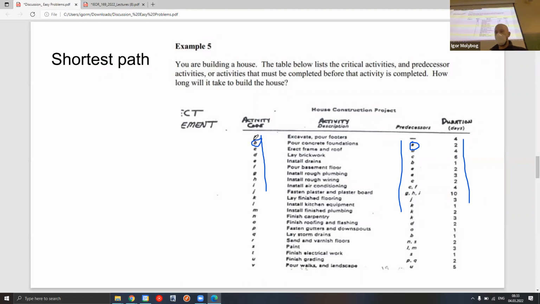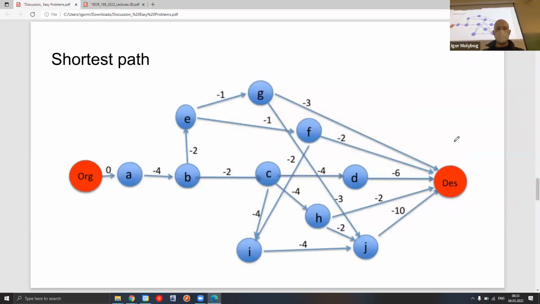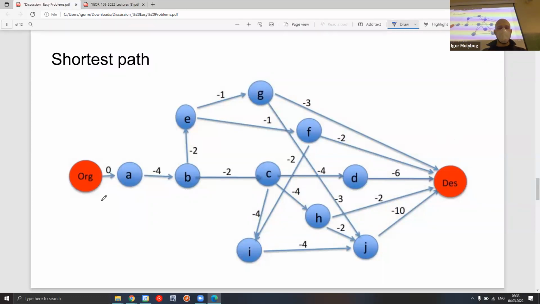And the weight that I assigned to each arc is a negation of the duration. Now this is the graph that we will get if we process the table above. This is the origin node, which is node S on the left hand side. This is the destination node.